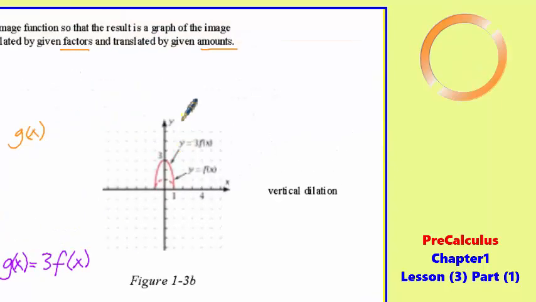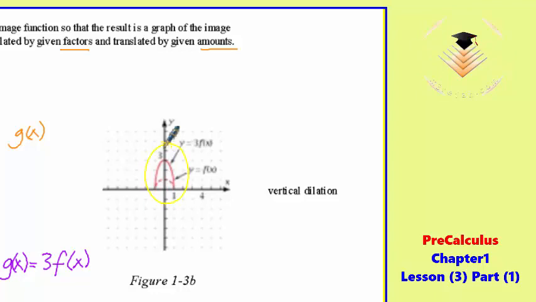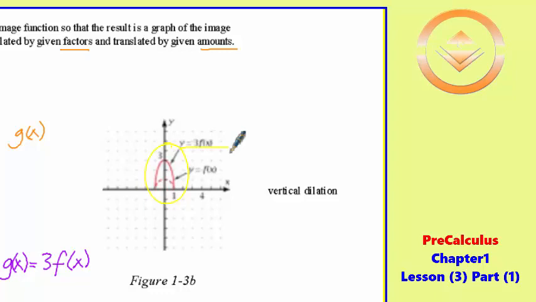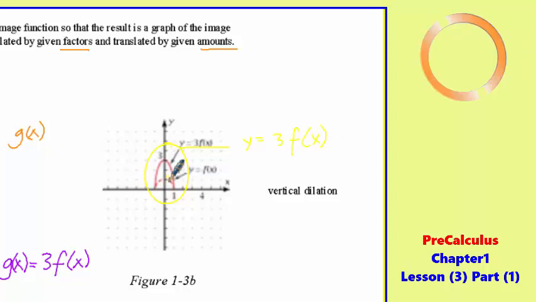This is the more concrete way of illustrating that part. So our g of x, in this case, y is equal to 3f of x. Notice the vertical dilation: from where it came from, it was dilated to 3 times from the x-axis.